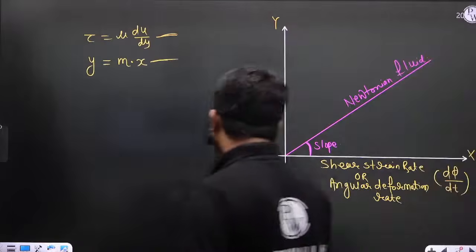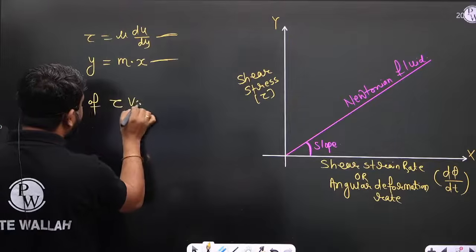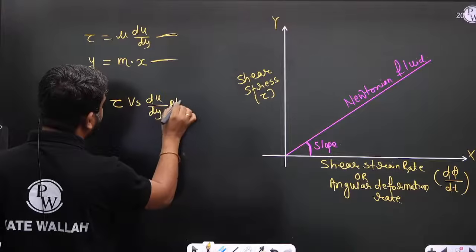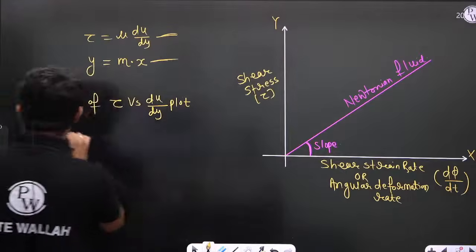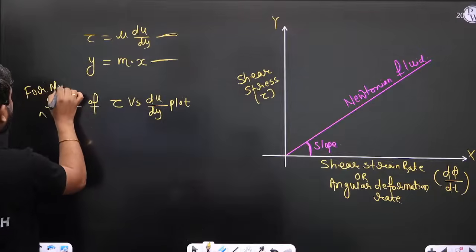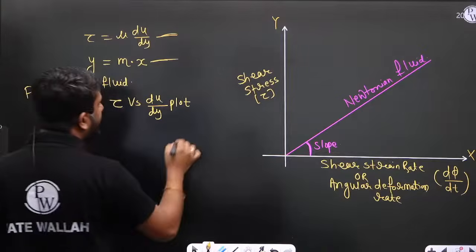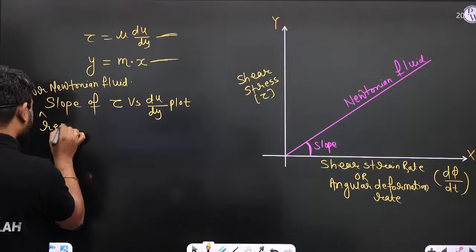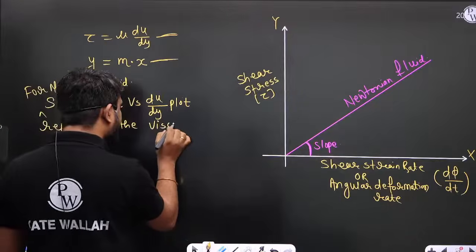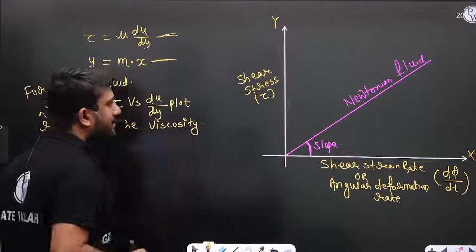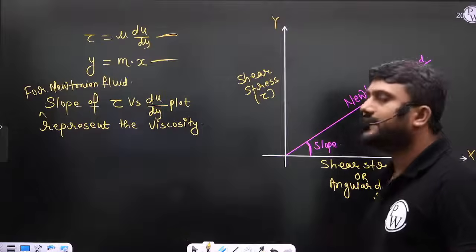For a Newtonian fluid, the slope of the tau versus du by dy plot represents the viscosity.